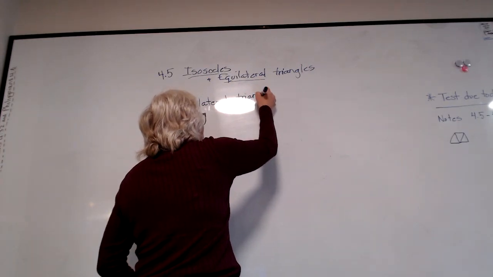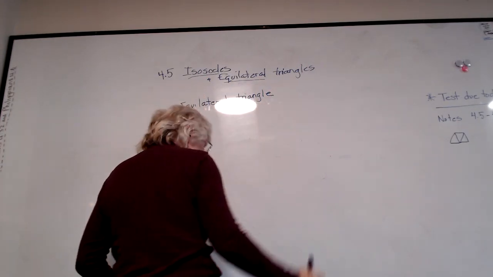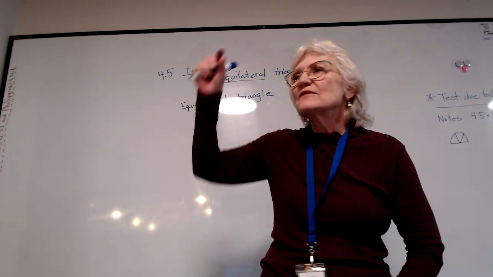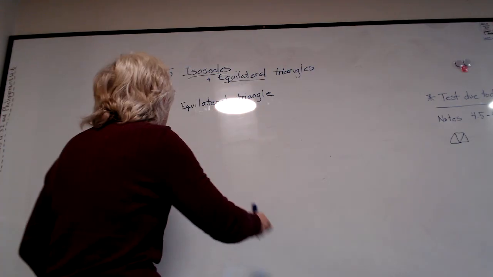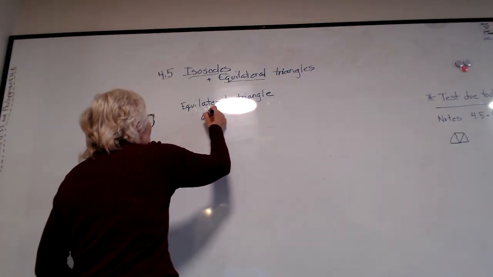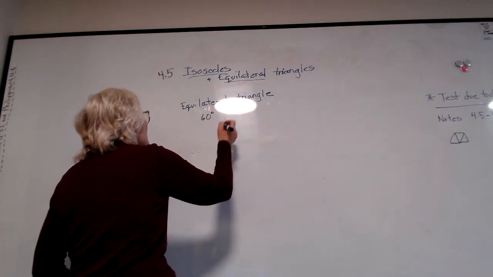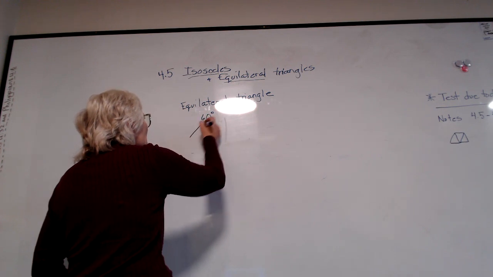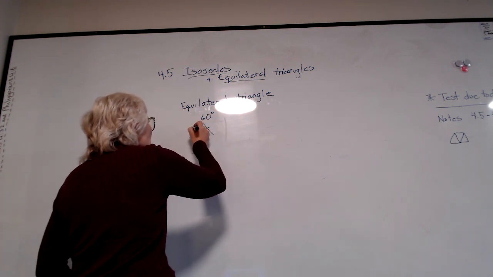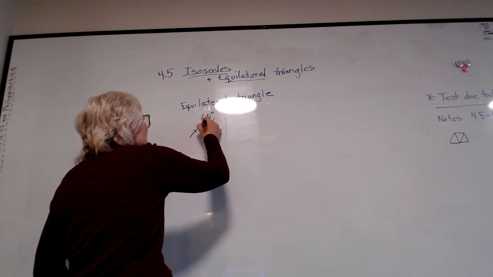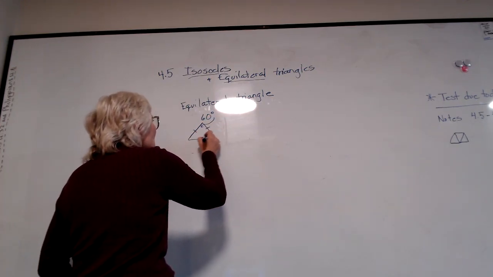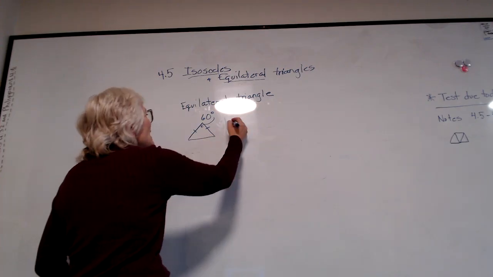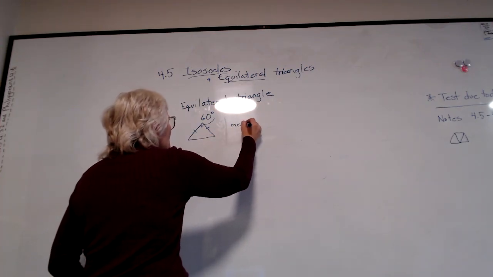Does anybody know, just guessing, what the size of the top angle is? Yes, 60 degrees. So make a 60-degree angle with two sides that are identical length. This is going to be a 60-degree angle. These are going to be the same. And then finish it and measure.